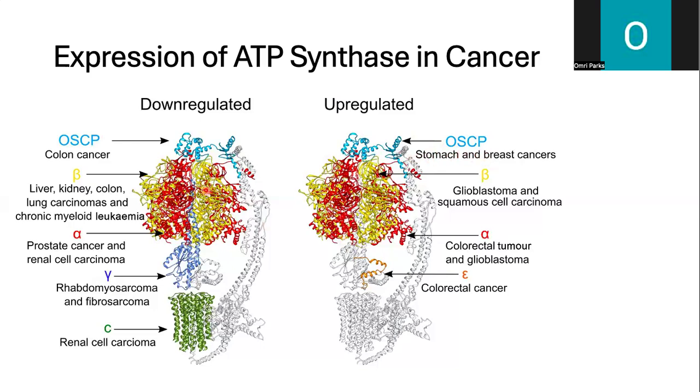And so what the group was trying to do is compare how the downregulation of certain subunits within this enzyme has a different effect on cancer cells than when the enzyme is upregulated. That's basically what that whole figure is describing here.